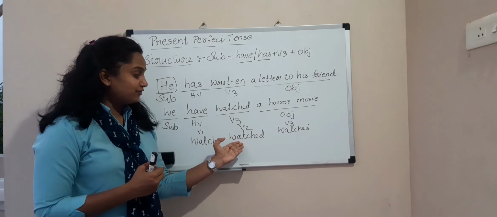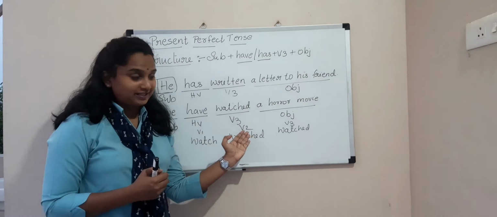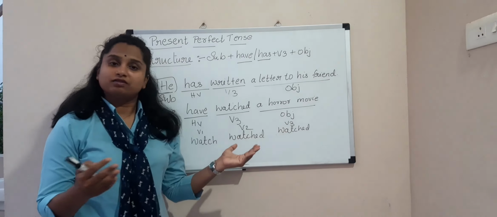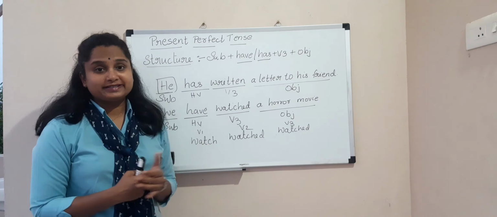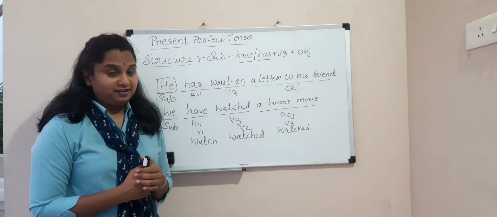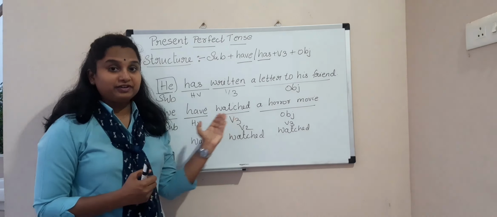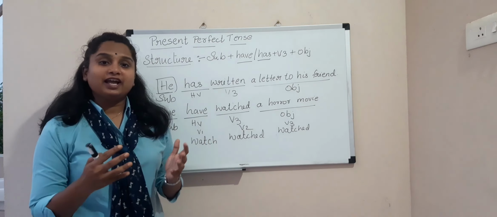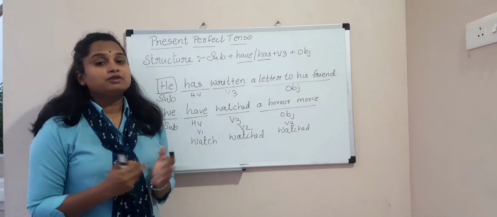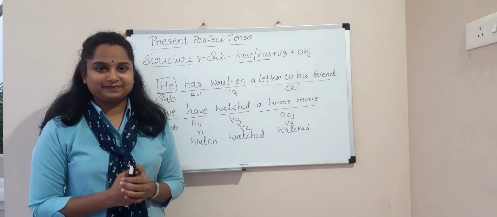Just have a look at this. Watched, verb second form. Watched, verb third form. Both are same. But how to identify whether it is V3 or V2 based on the helping verb when it comes to present perfect tense.